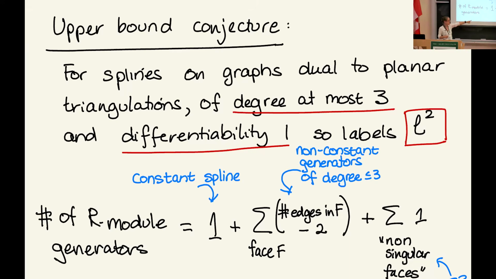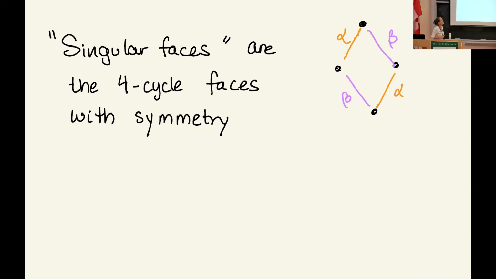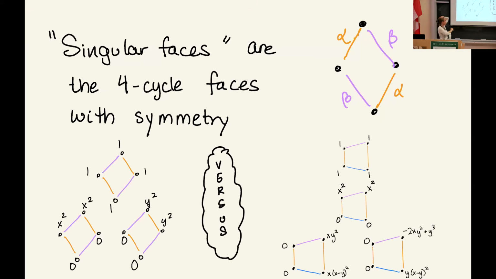And then you have this correction factor, which shows up precisely for the faces that have symmetry. Exactly these 4-cycles with symmetry, which we showed earlier. The degree at most 3 module generators: if you have symmetry, there are 3 of them. If you don't have symmetry, there are 4 of them, 2 of which are the non-free generators.